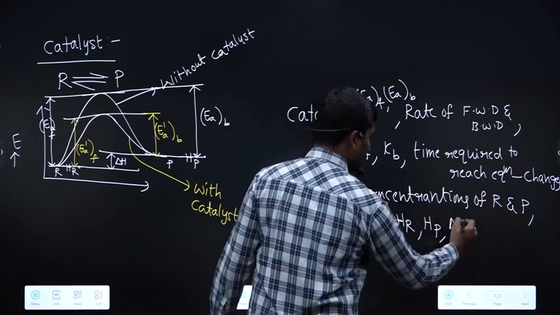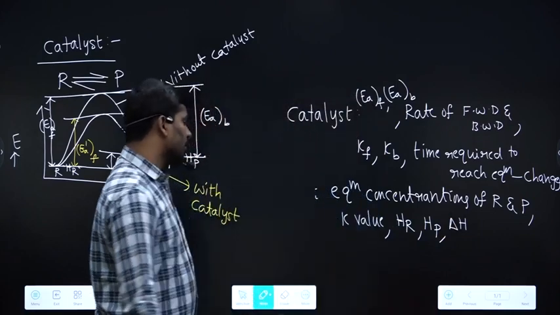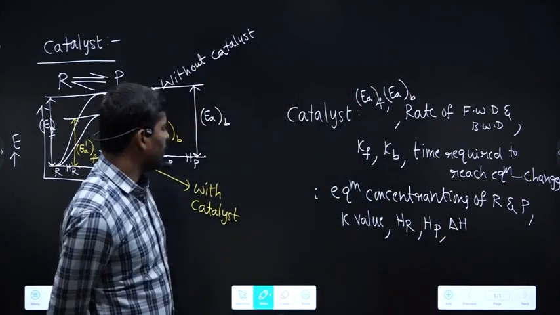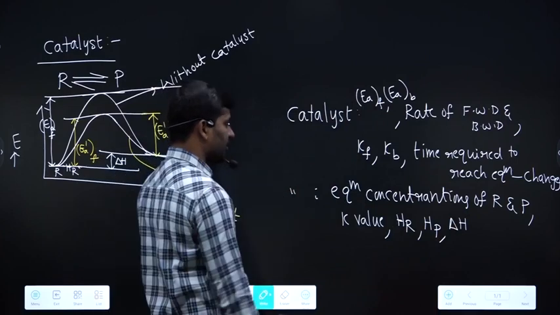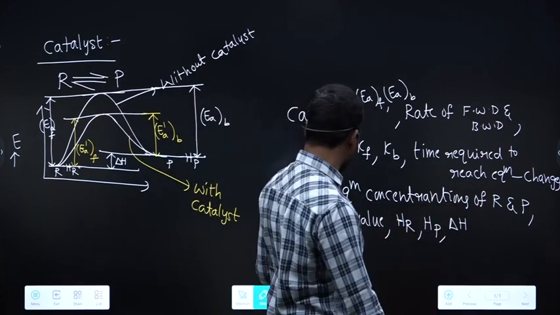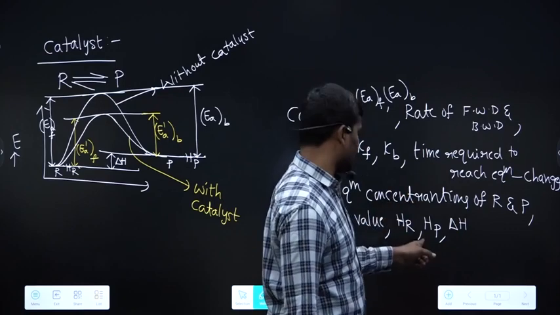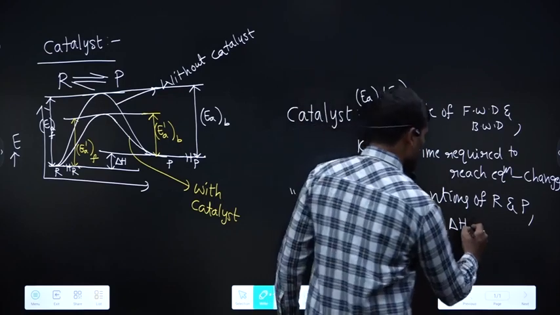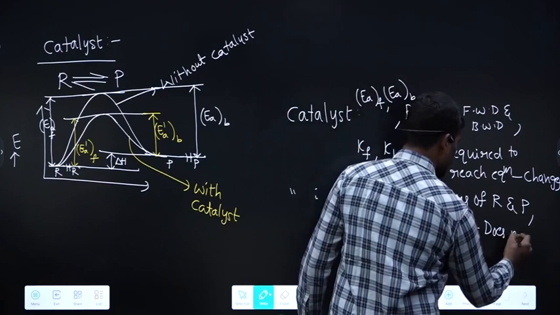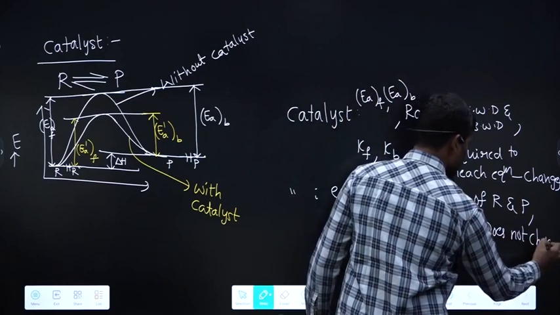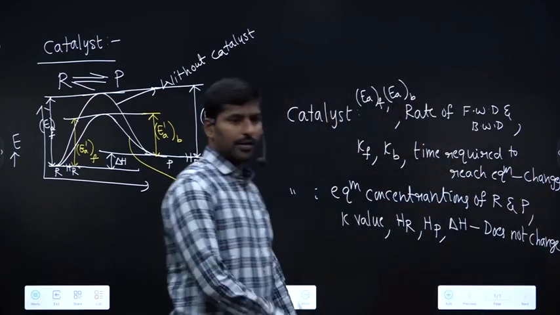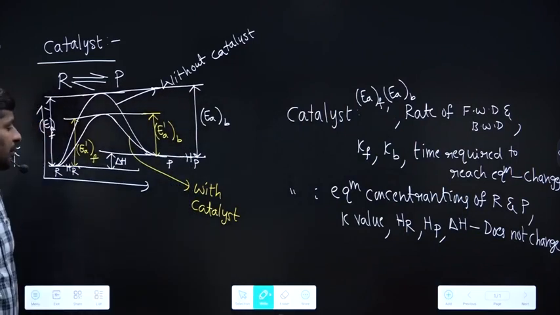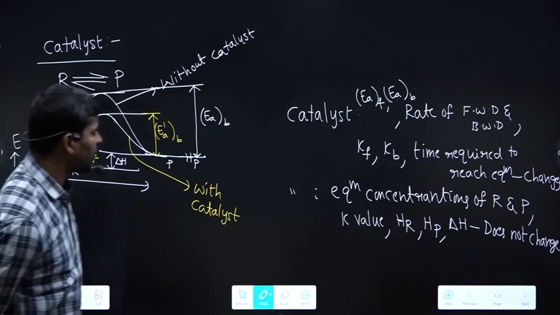Change in enthalpy, same. So by using a catalyst, equilibrium concentrations of reactants and products, K value, enthalpy of reactants, enthalpy of products, delta H, all this doesn't change. Just remember this final conclusion.